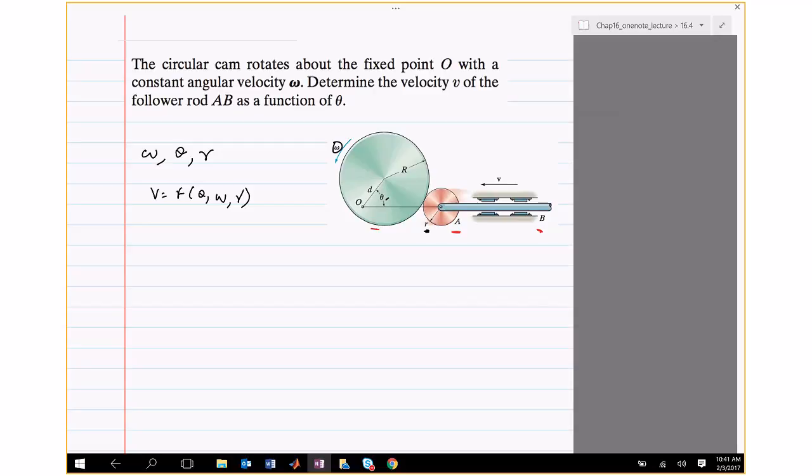You are also given, I just saw it, capital R, which is the radius of the cam. Okay, so if you want to find V, in this case, V is going to be the derivative of a position which is somehow related to velocity, right?